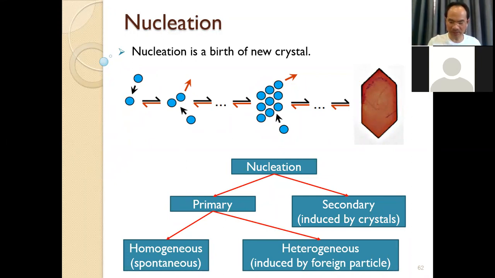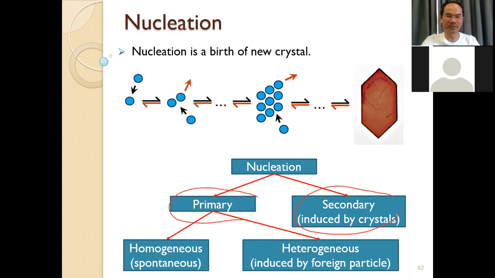We have two kinds of nucleation: primary and secondary. In primary nucleation, the crystal nucleates from the clear solution. But secondary nucleation is generated from the seed crystal. We have the seed, and we have some breakage, where one crystal breaks into three crystals.